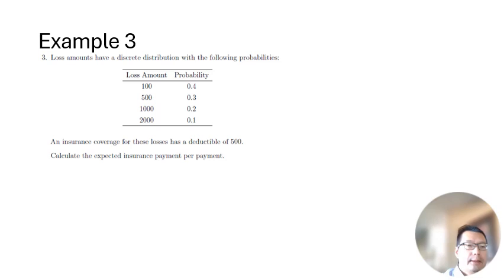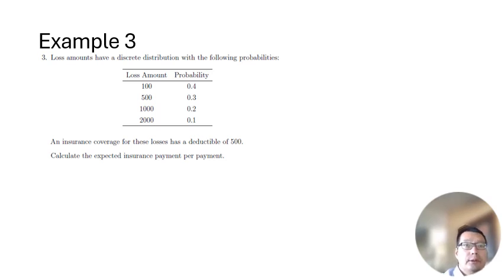Now let's look at example 3. Loss amounts have a discrete distribution with the following probabilities. An insurance coverage for those losses has a deductible of 500. Calculate the expected insurance payment per payment. If you recall, we had a similar question earlier, except that previously we were talking about payment per loss. Now we can still use the same concept to calculate payment per payment.